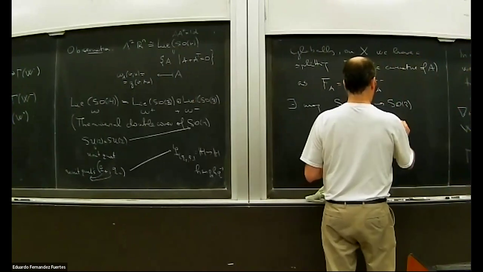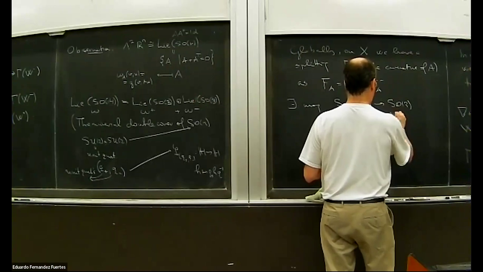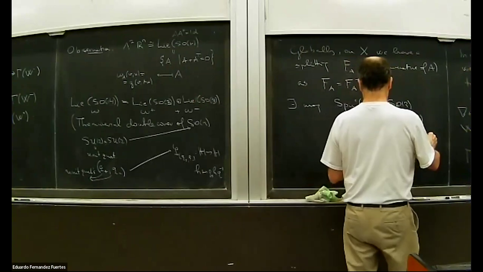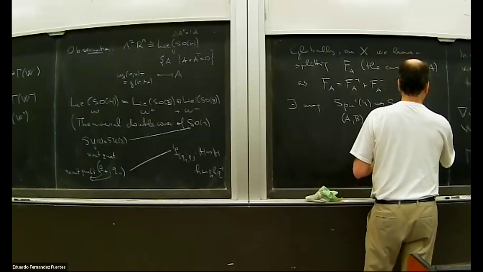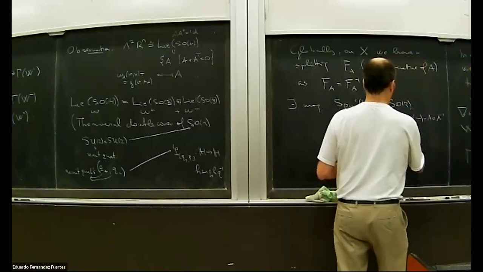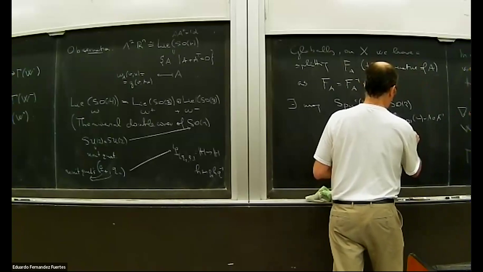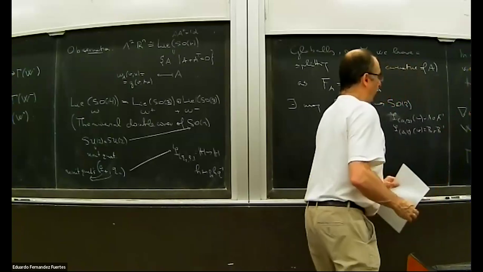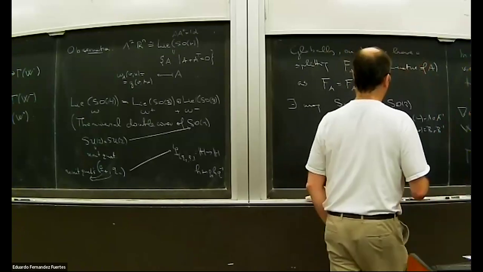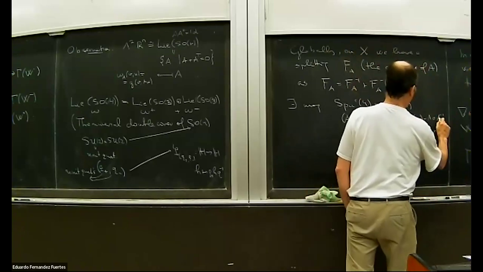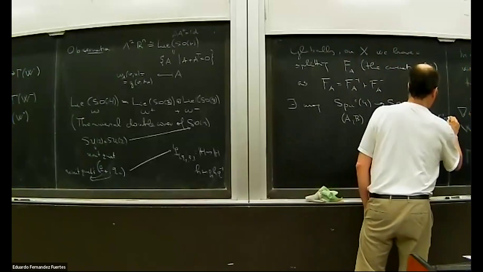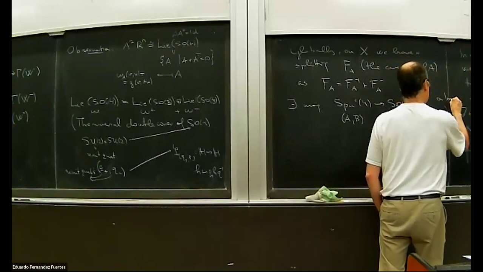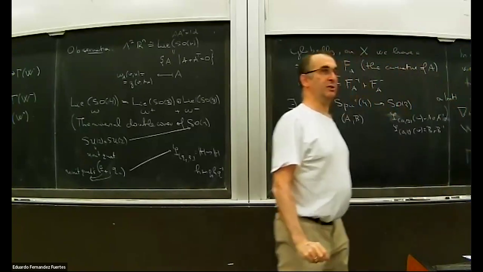Phi AB sends the vector V to A V A inverse, and then there is this friend, which sends it to B inverse. And these will be on, instead of the quaternions, the imaginary quaternions.